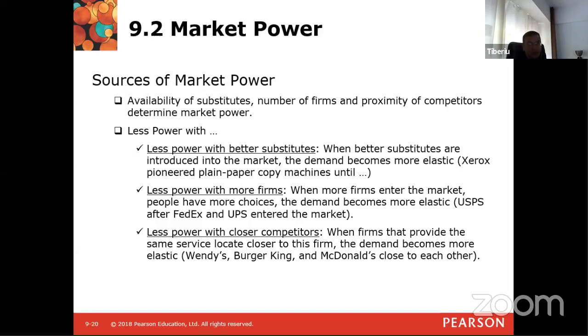Less power with closer competition: when firms that provide the same service locate closer to this firm, the demand becomes more elastic. Wendy's, Burger King, and McDonald's close to each other. Now, I wouldn't say McDonald's or KFC or Burger King are in a monopoly position, at least in the United States, where there are dozens of fast food chains.